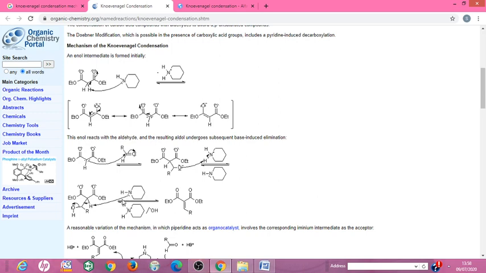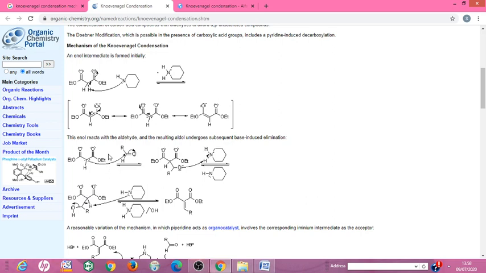And the last step is the removal of water. The base catalyst piperidine, again having a pair of electrons, abstracts another acidic proton present in the active methylene group. This is the first acidic proton, and this one is the second acidic proton. It abstracts the second acidic proton and again forms the carbanion.